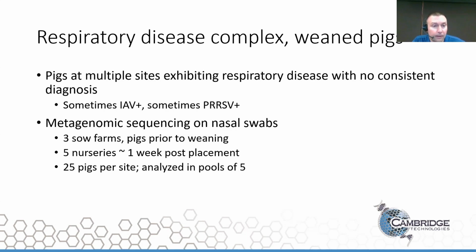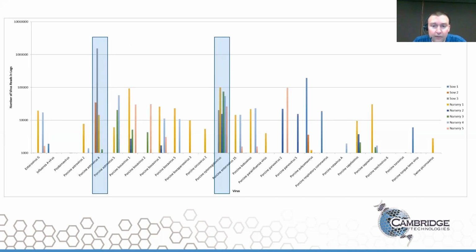Is there another virus present? So what we did was sample pigs from 3 sow farms, again at about 14 to 21 days of age, as well as 5 nurseries, about the first week post-placement. 25 pigs per site were sampled, and we assembled those samples into pools of 5 and performed metagenomic sequencing. There's a whole lot of viruses that we found here.